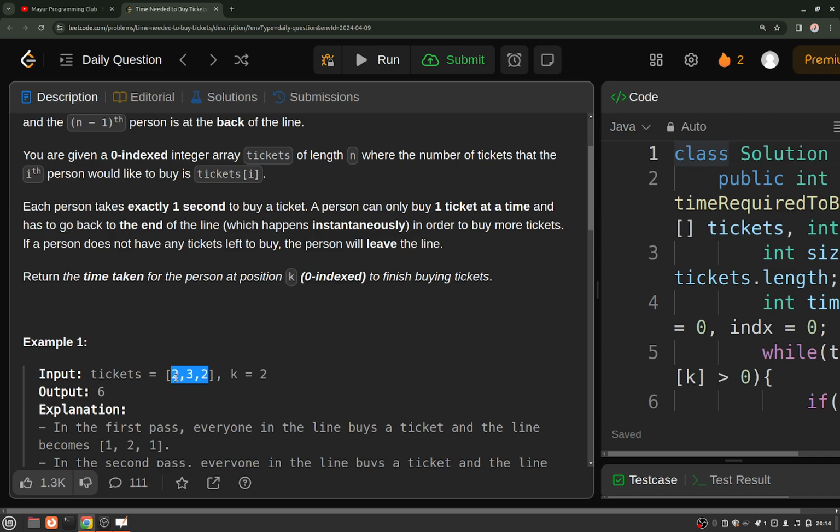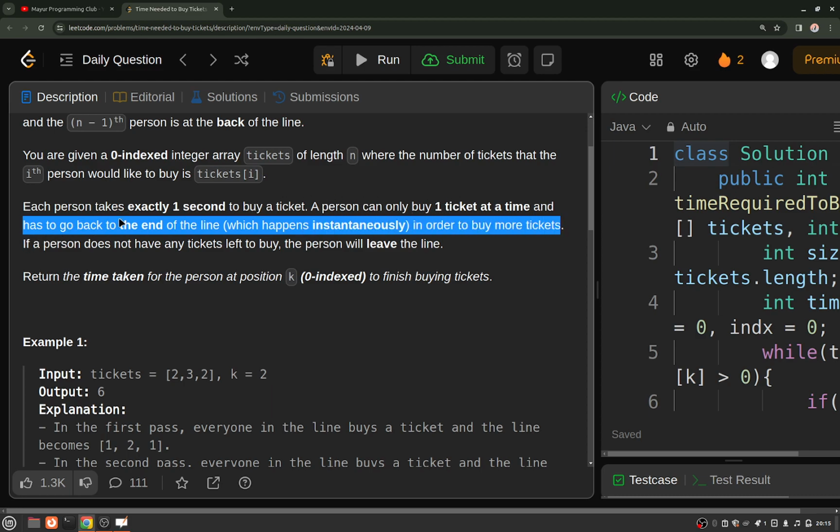The first one desires to buy 2 tickets, the second one desires to buy 3, and the last one desires to buy 2 tickets. This is what the tickets array represents, and each person takes exactly 1 second to buy a ticket. A person can only buy 1 ticket at a time and has to go back to the end of the line in order to buy more tickets.